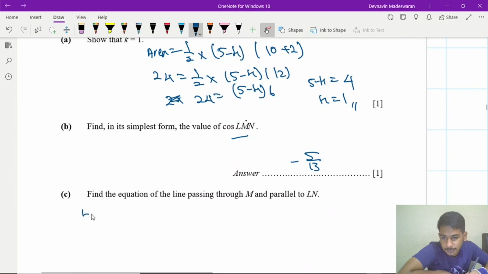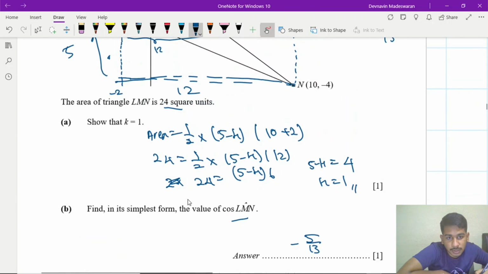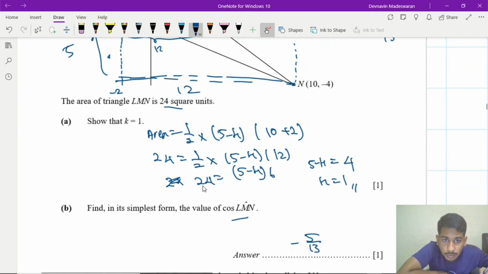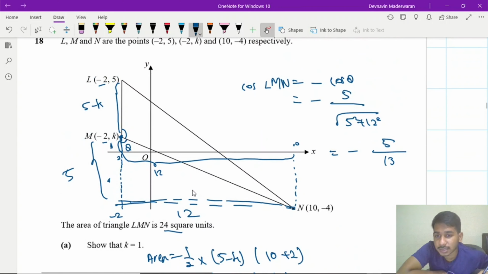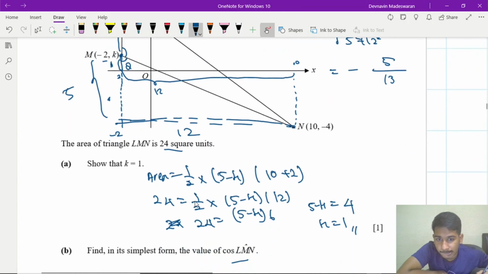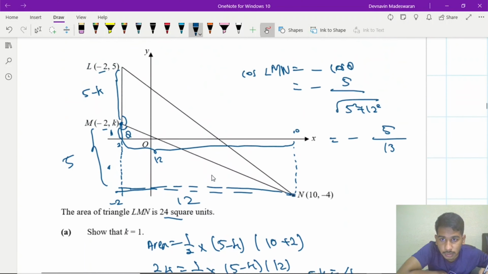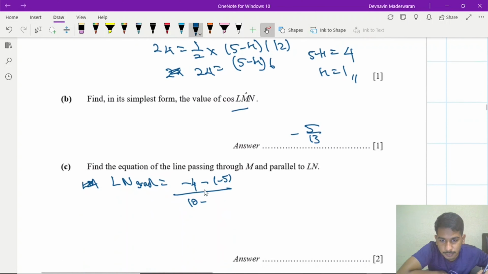The LN gradient is equal to, okay, negative 4 minus something, then 10 minus something. Wait, no, 5 and negative 2.